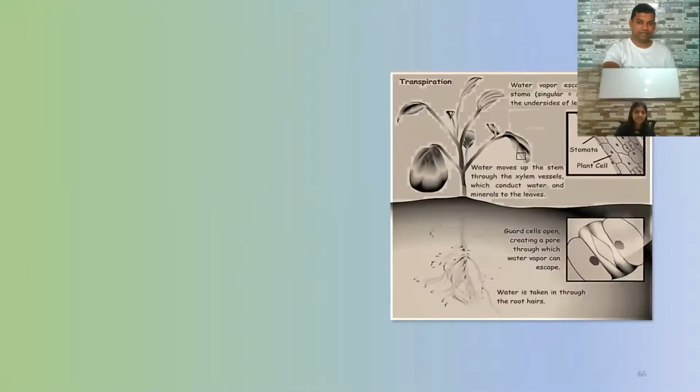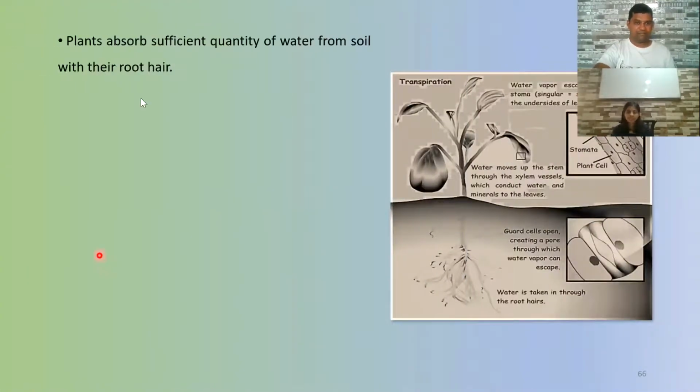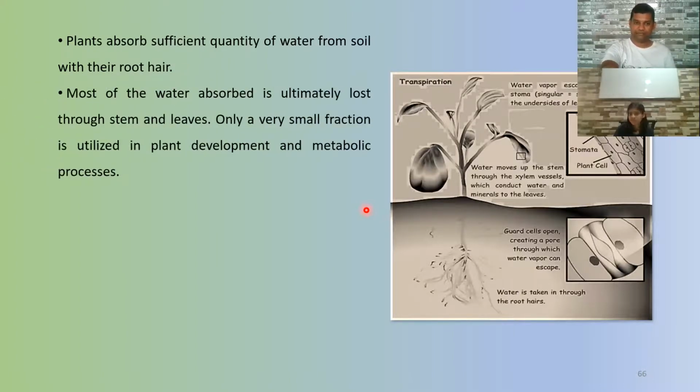Now see, whenever plants absorb water, we saw the whole story of absorption. When they absorb through root hairs, they always absorb a sufficient quantity of water. And from the stems and the leaves, when the water reaches over there, a major part is just lost, evaporated out.